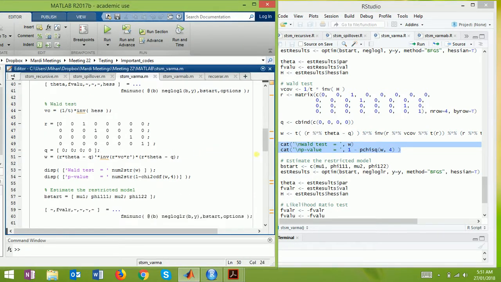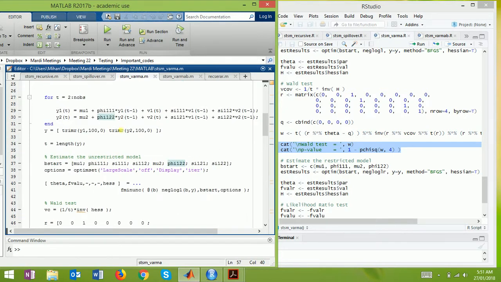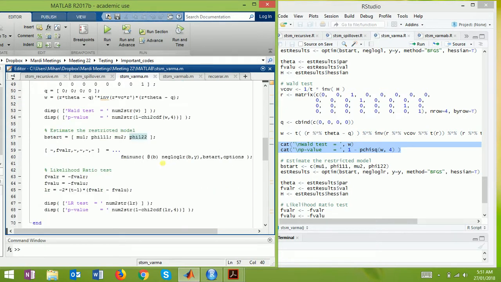Then we are to do the restricted model. As we are looking into the restricted model, we have initial values mu1 phi 1 1 1, mu2 phi 2 2 2. So you see we're not taking everything in the restricted values, we are just taking the elements that don't have moving average parameters with them.